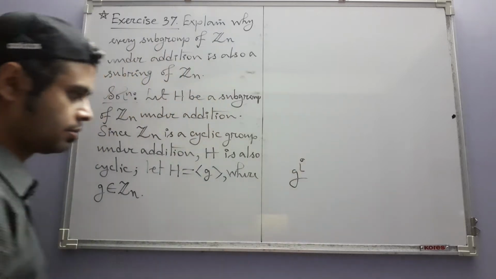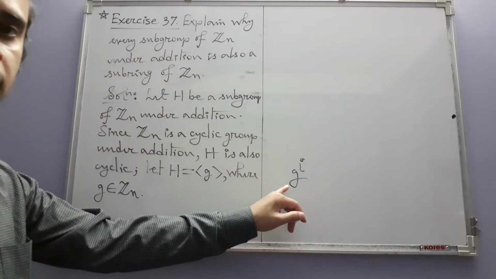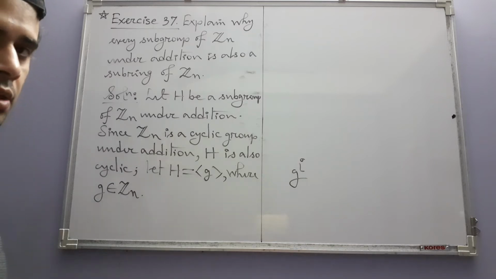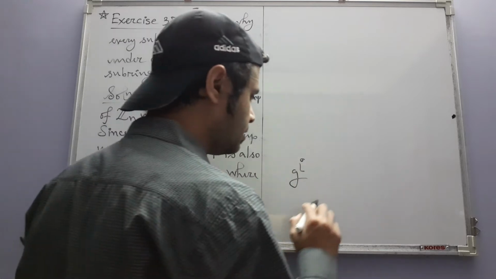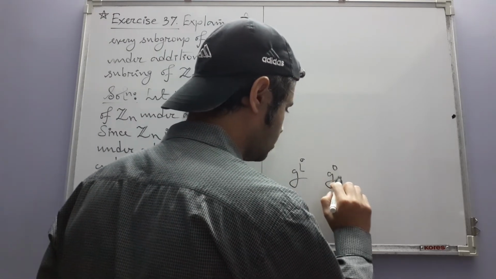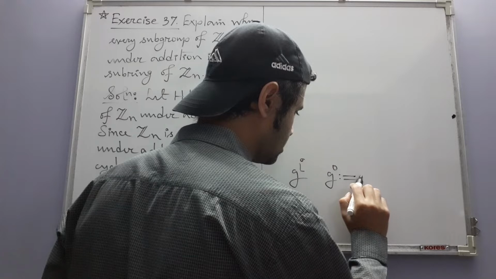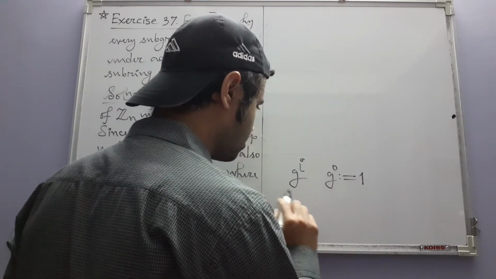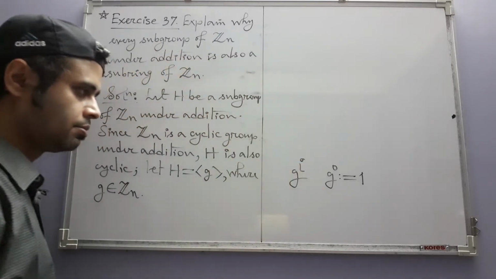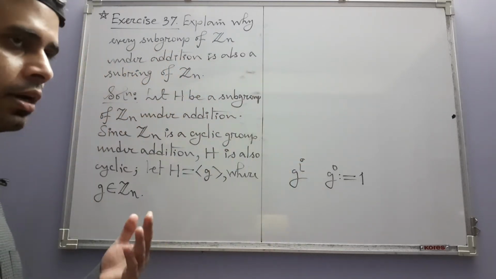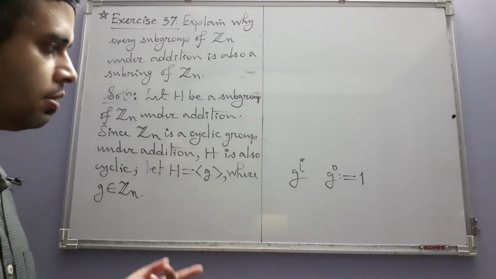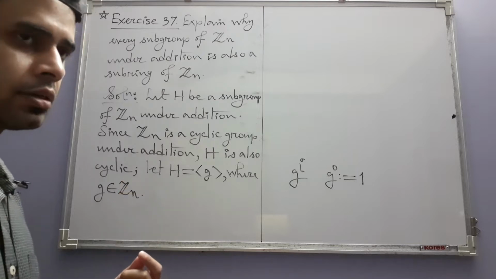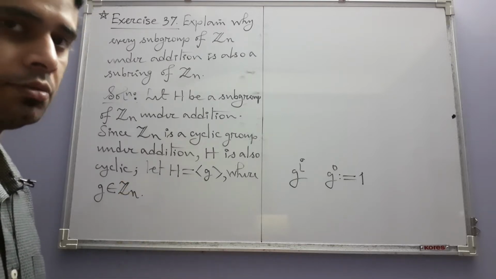Say a general element in H looks like g^i, where i is some integer, and we know what this symbol means. If i is 0, then by definition this is the identity. If i is a positive integer, then this means a product of i copies of g, and if i is a negative integer, then this means a product of minus i copies of g inverse.